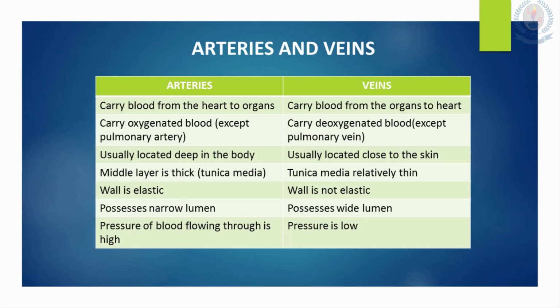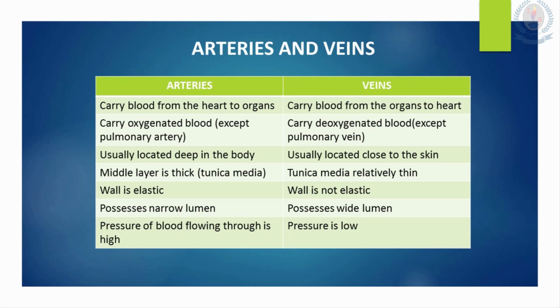Arteries carry oxygenated blood except pulmonary artery, and veins normally carry deoxygenated blood except pulmonary vein. Arteries are usually located deep in the body, but veins are usually located close to the skin.